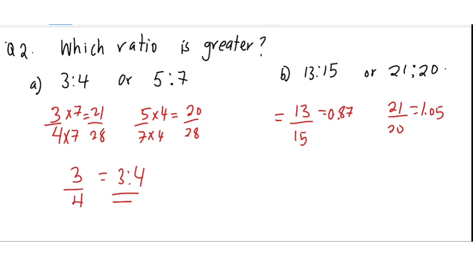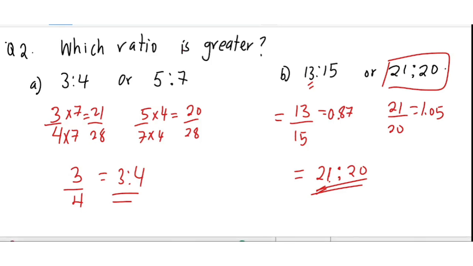So if you look at it, which one is larger? Obviously this one, 21:20. Just by looking at it, you know that this one is larger. Why? Because the first number is bigger than the second number, while in the other one the first number is smaller. So you don't even need calculations for this type of question.